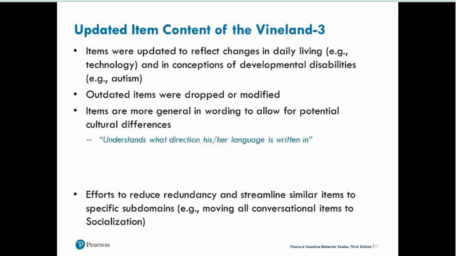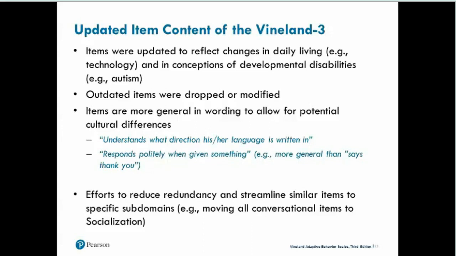For example, the question "understands what direction his or her language is written in" has replaced a question that is "understands that language is written from left to right." So it's not about knowing it's from left to right, it's knowing what direction his or her language is written in to allow for more cultural differences. Another example, "responds politely when given something."